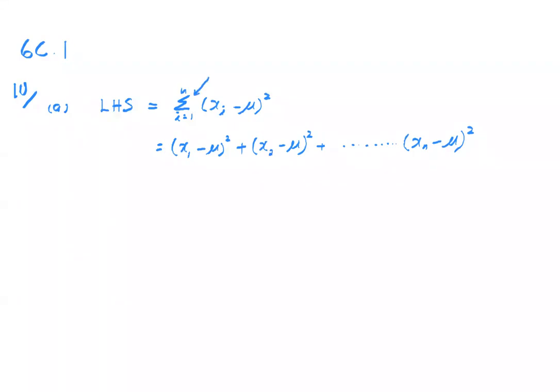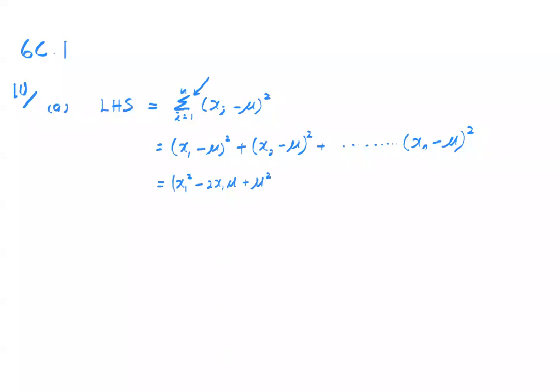So this symbol is summation also. You see, integration also is summation. This one is also summation. Okay, so now I'm going to expand one by one. So the first one is x1 squared minus 2 times x1 times mu plus mu squared.